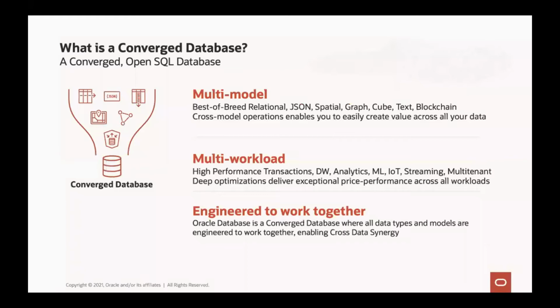So you will need a database which is multi-model, with the support for all the data types and data models you need in your new application, like JSON documents, XML, spatial location information, graph connections, edges and vertices, cube for analytics, free text for text search and indexing, blockchain for enhanced security.